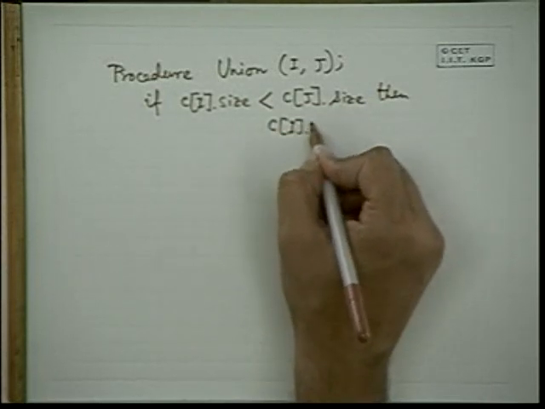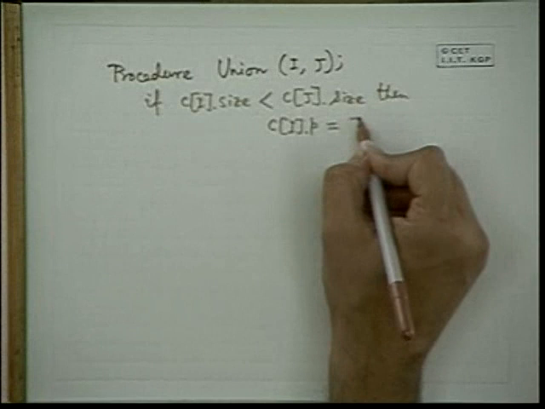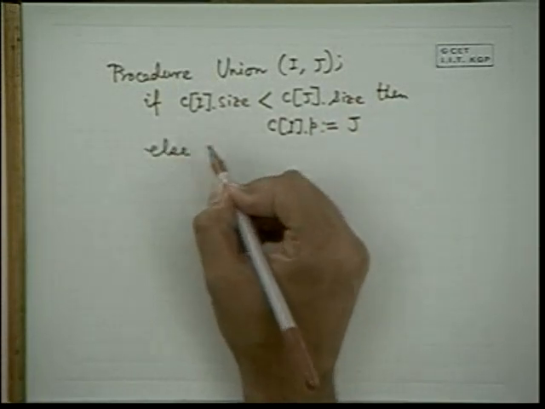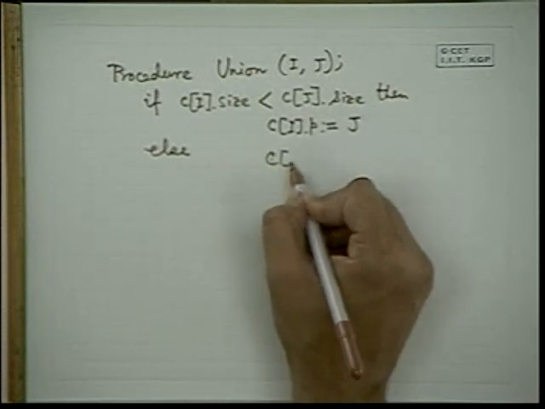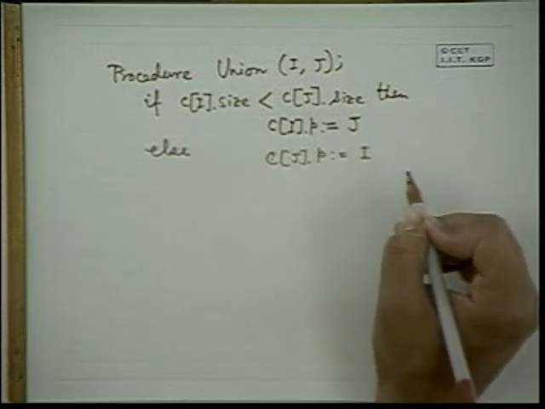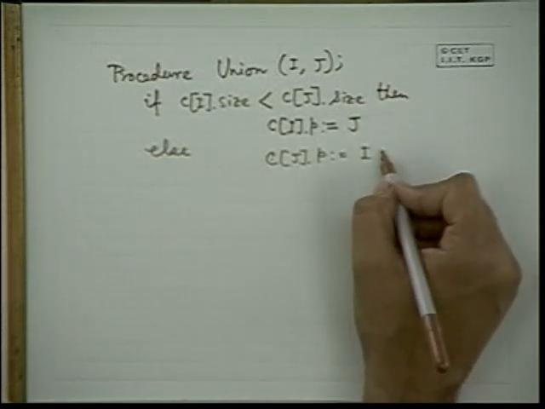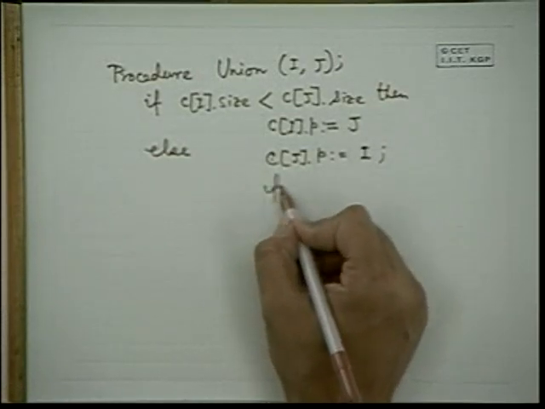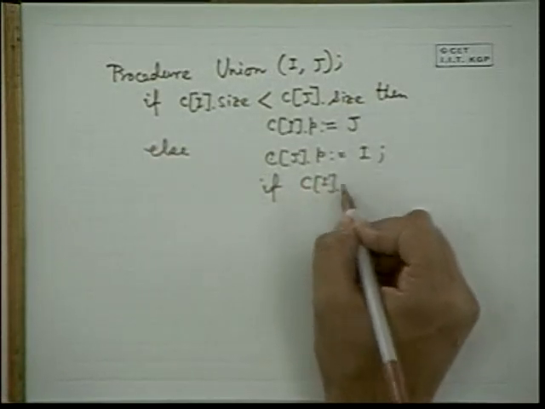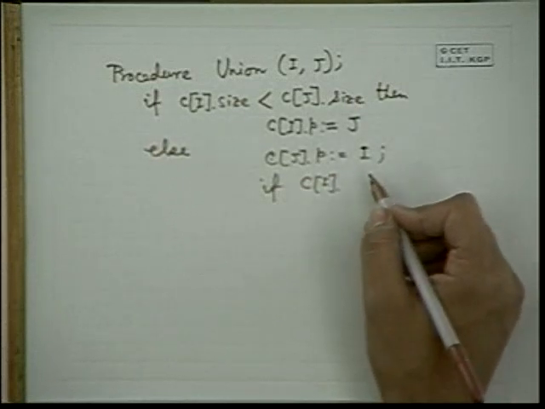So, Ci dot p becomes j. Else, if this is not the case, then Cj dot p becomes I. In the other case, if both sides are equal, then you basically link one to the other, any one is fine.